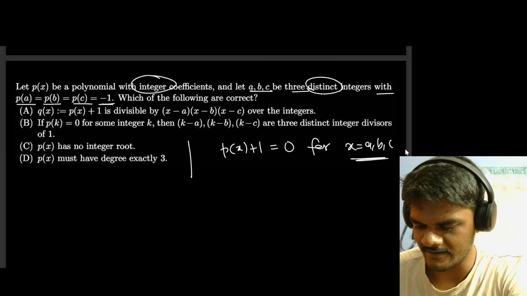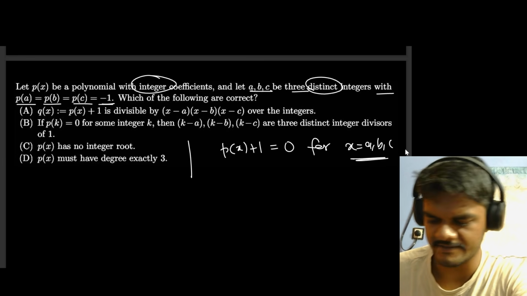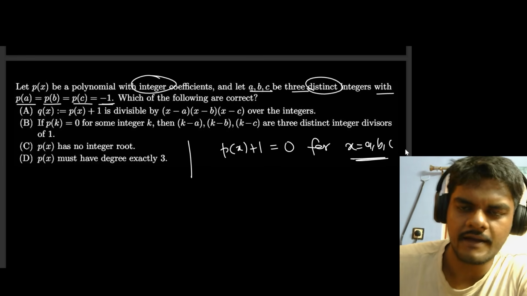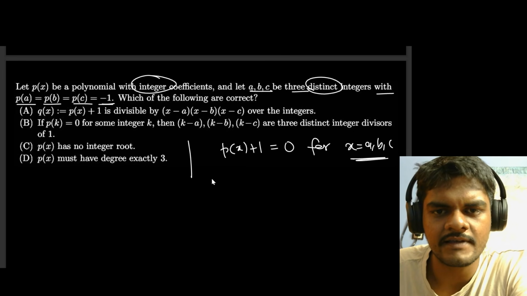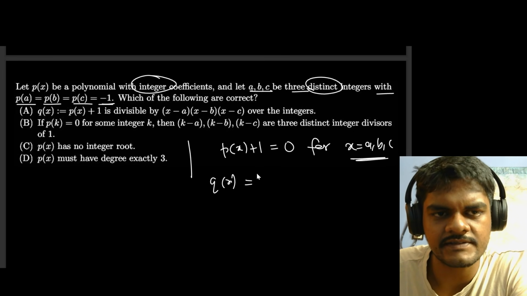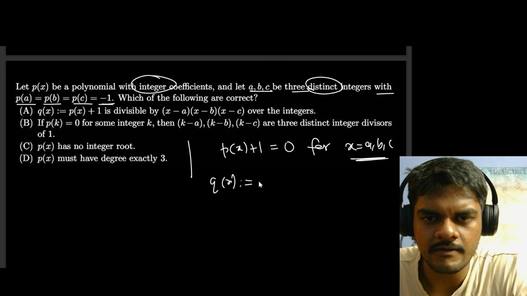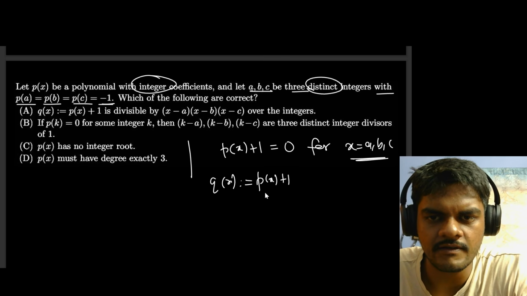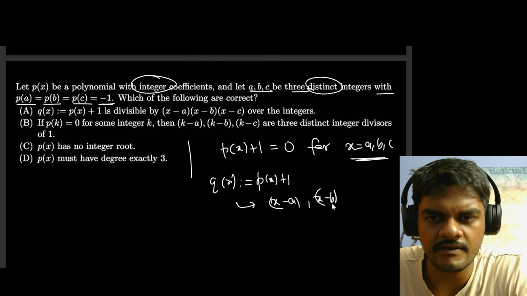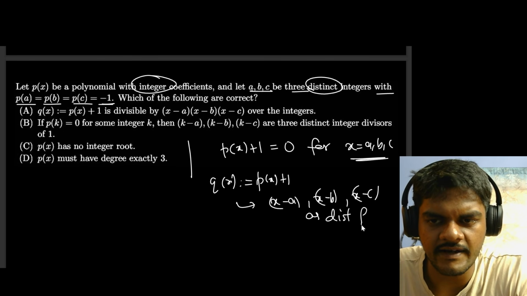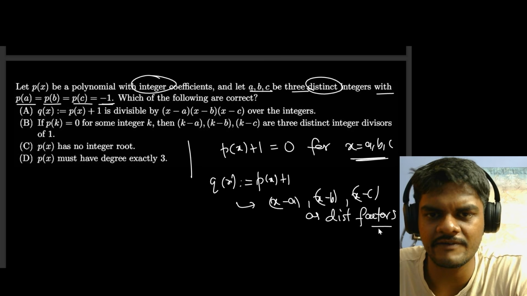Yeah, so the roots are A, B, C. Now, that implies that Q of x, which is defined to be P of x plus 1, will have x minus A, x minus B, x minus C as distinct factors. That is simply the factor theorem.